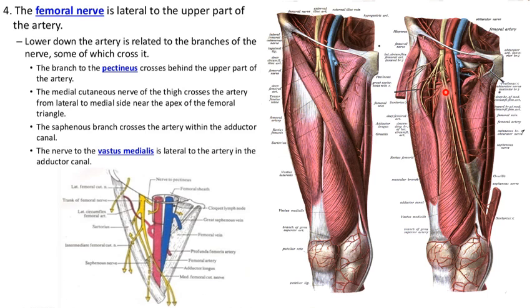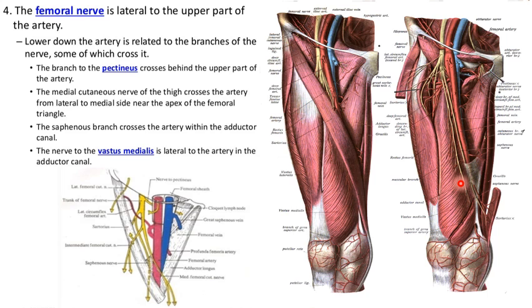And this long nerve, which is called the nerve to vastus medialis, this is the vastus medialis. This nerve is lateral to the femoral artery in the femoral triangle as well as in the adductor canal. Is that clear?